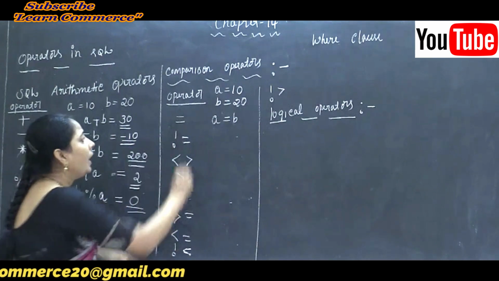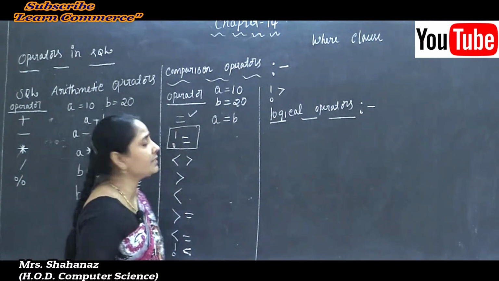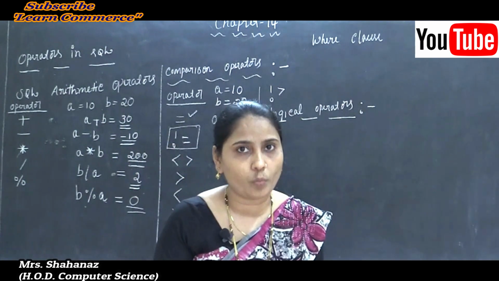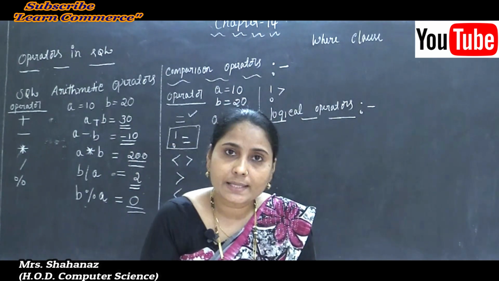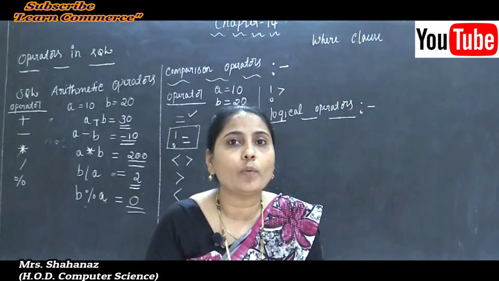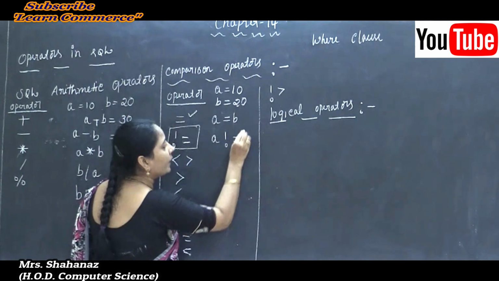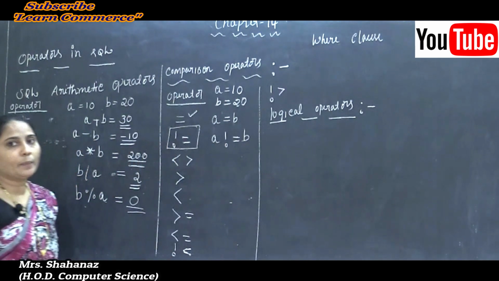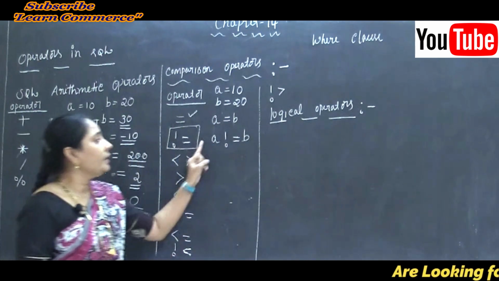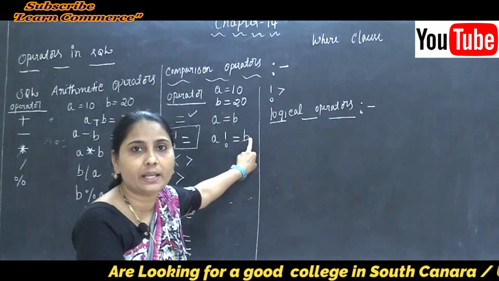Clear this point here? Next is the second operator, called not equal. It checks whether the values of two operands are equal or not. A not equal to B means the condition is true.